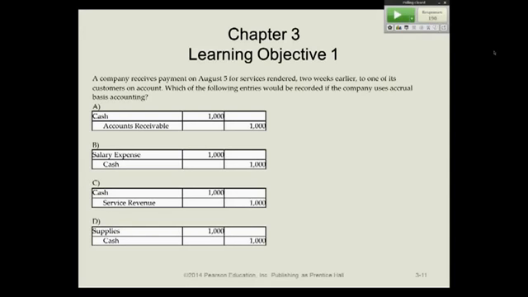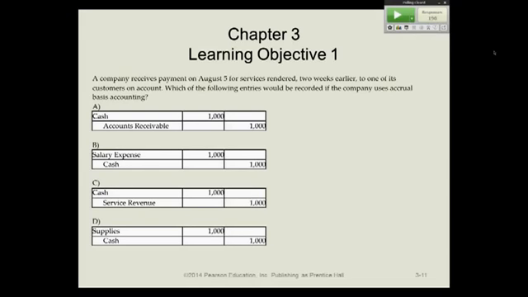Here, you would debit accounts receivable and you credit service revenue. It's for 1,000, correct? So the concept of the accrual basis is that you recognize revenue when the service is performed, regardless of when the cash is collected.